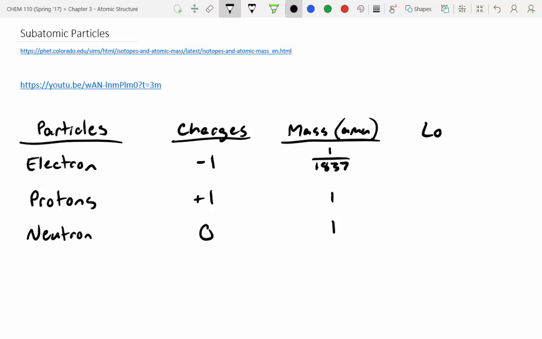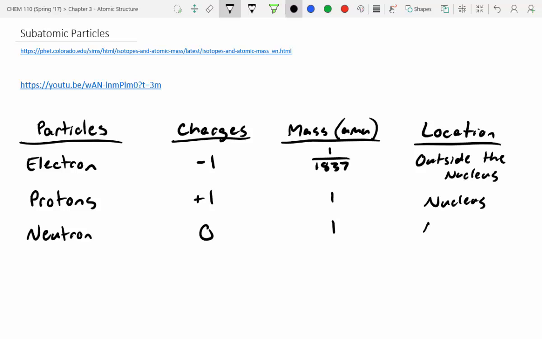And then we've got to determine the location of each of these. Electrons are outside of the nucleus. And then we know that protons and neutrons are in the nucleus. So it's not too bad.